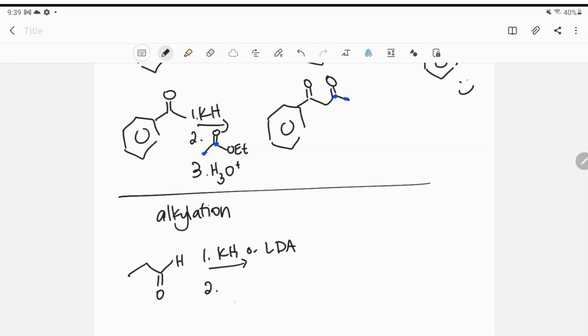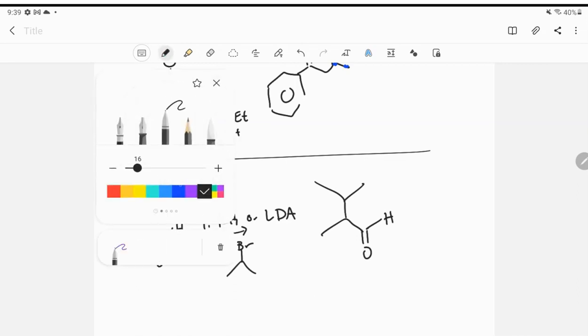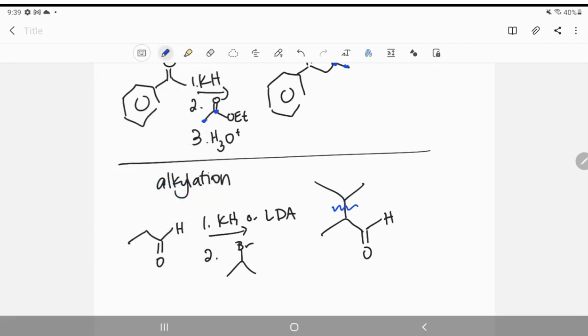Let's say we're going to give it our dear friend, the 2-bromopropane, that y'all did not seem to like. We can do this, and we're going to end up just alkylating that alpha position with our new alkyl group. We're going to form a bond between the alpha carbon and the alkyl group here.